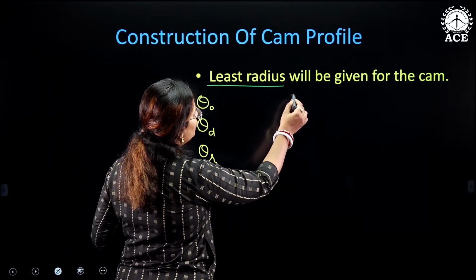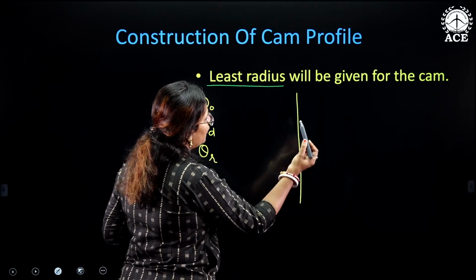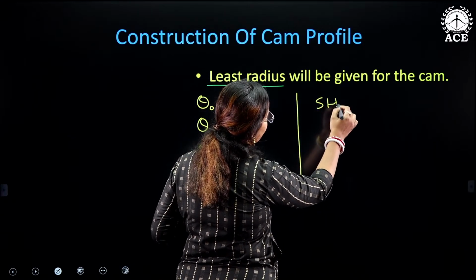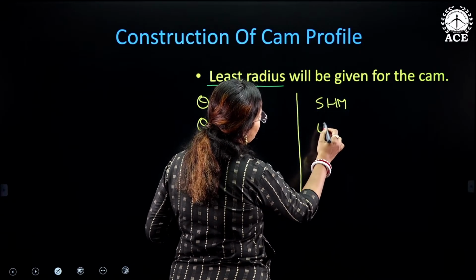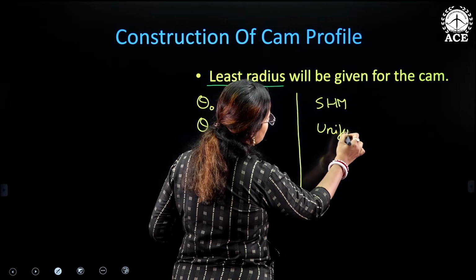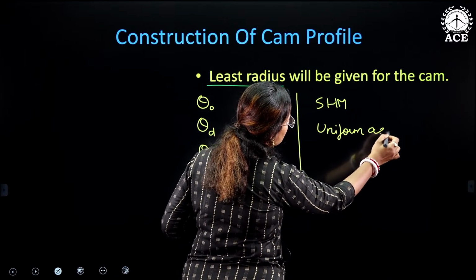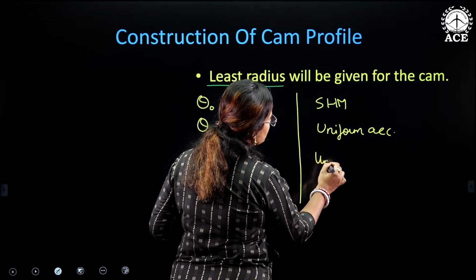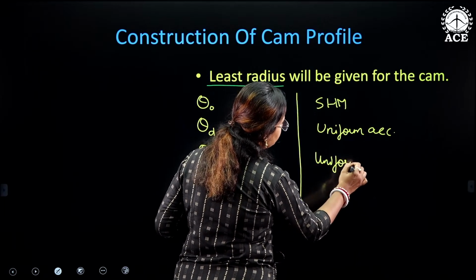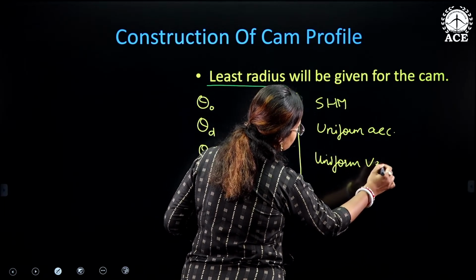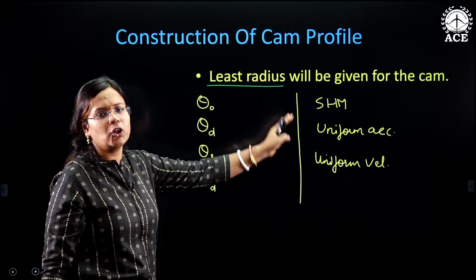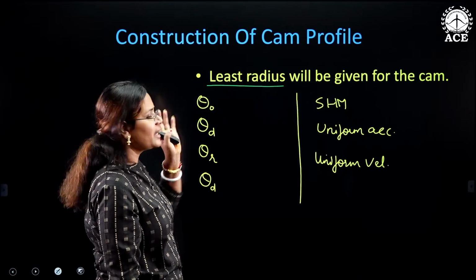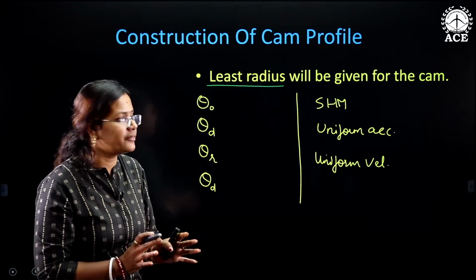Also, you should know which condition it is following, whether it is SHM or uniform acceleration or uniform velocity. It may follow any of the conditions. So first of all, you should take care of what inputs are given.